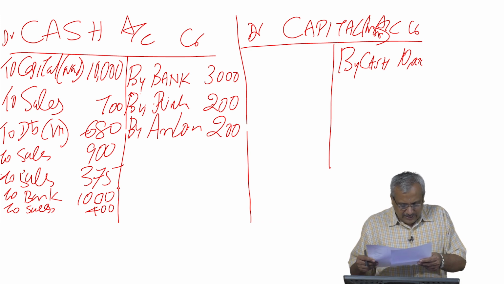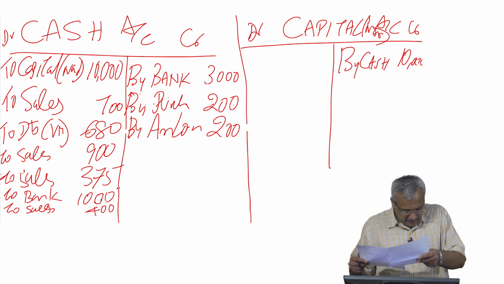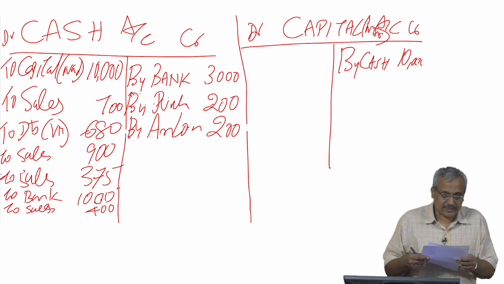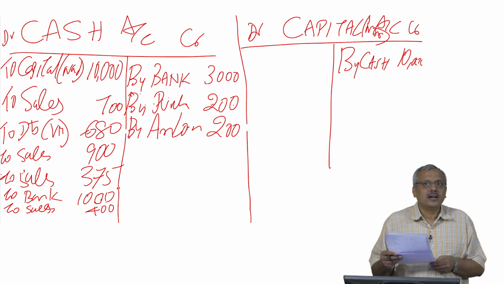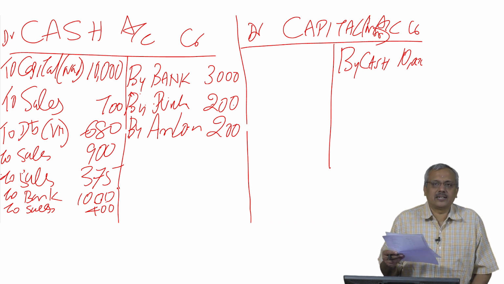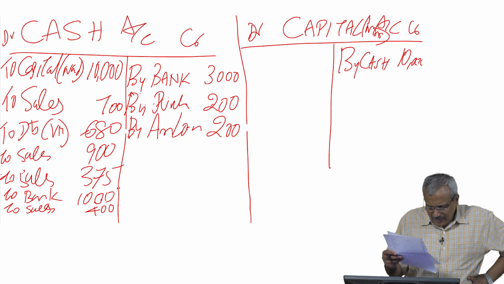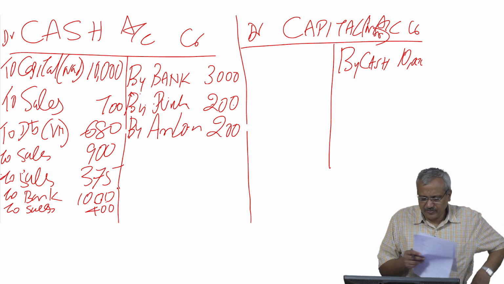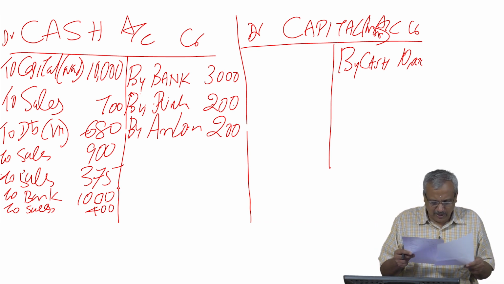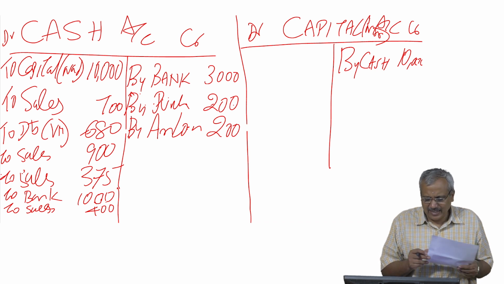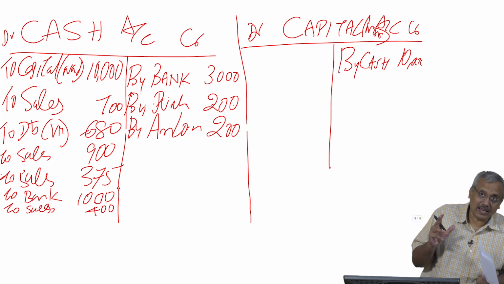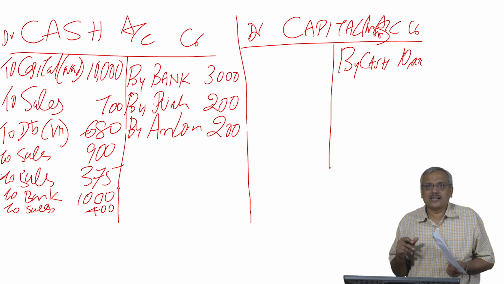Move on further, 23rd transaction. I got another 6 transactions. I will finish these 6 transactions as of now, and then maybe we will take up the balance sheet and P&L in the next few minutes. It says paid office rent rupees 150. When you pay office rent, what is the entry? Office rent account debited, that is debit all expenses and losses, and then to cash.